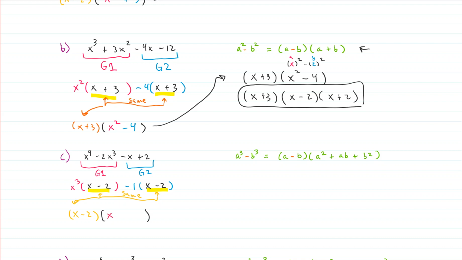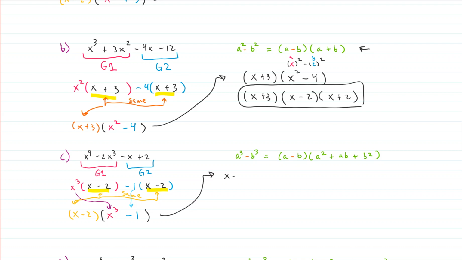Well, we have x cubed that comes from the first term, and we have a negative 1 from the second term. And again, we think we're done, but we're not.